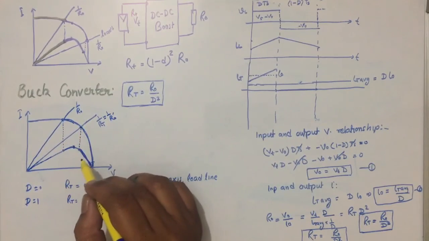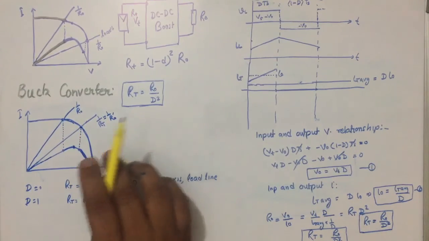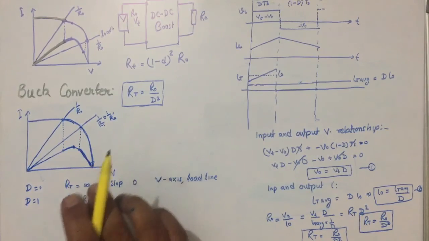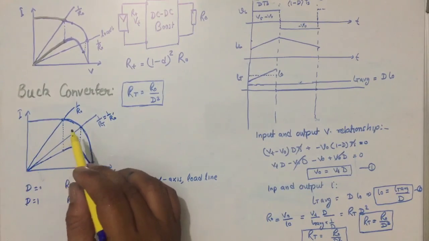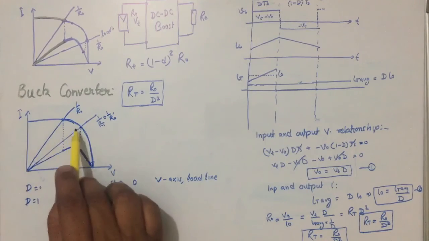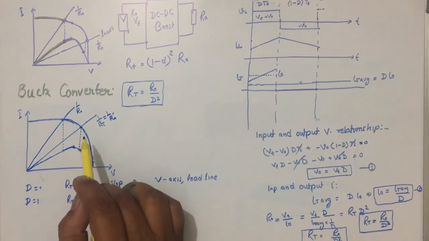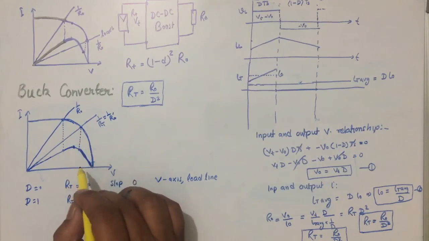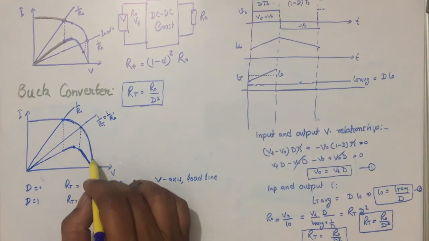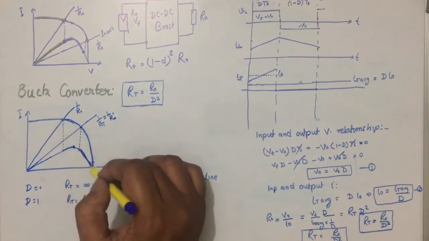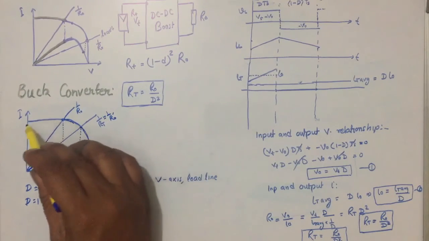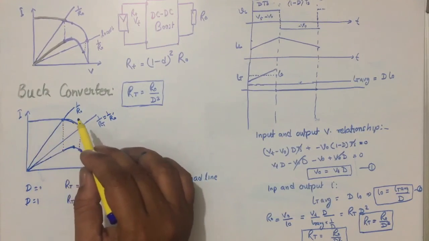So from here, if we can operate buck and boost simultaneously, then this region and this region can be combined, and the control can be possible not only from here to here, but over the full range of operation.